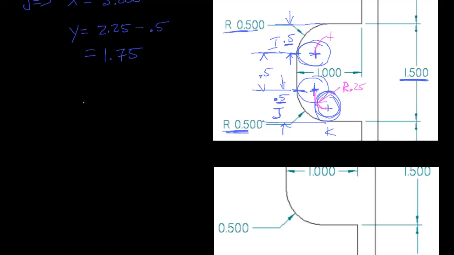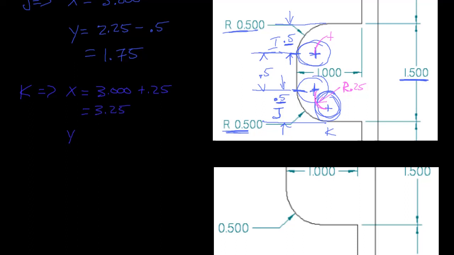So between j and k, we know that the x is going in the positive direction a quarter of an inch. So here's point k. k has an x position equal to 3 inches, that was the position of j, and it's going to move over 0.25 inches in the positive x direction, so it ends up at 3.25 inches.